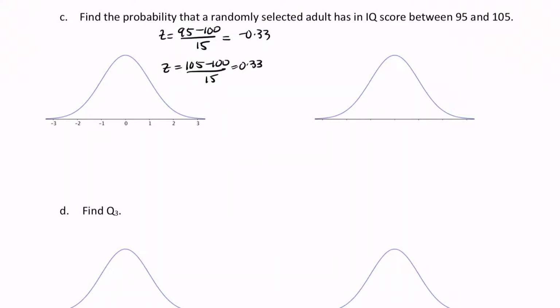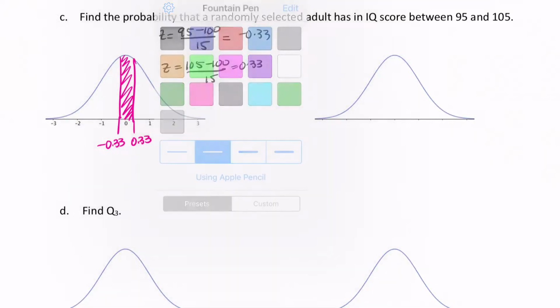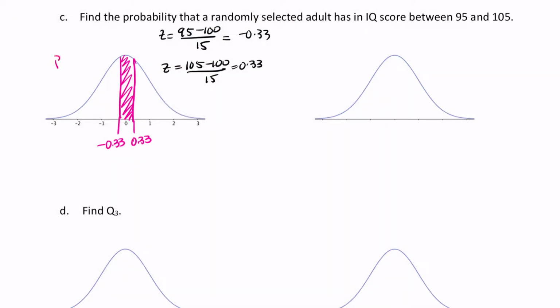So we're interested in z-scores in this case between negative 1/3 and positive 1/3. And finding this area will yield that probability.